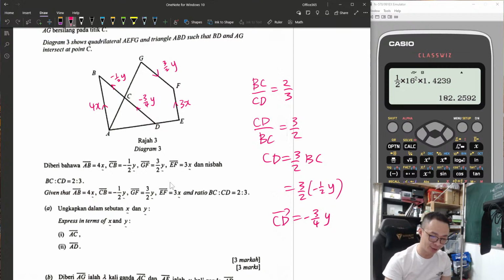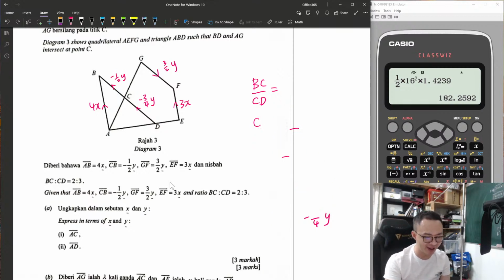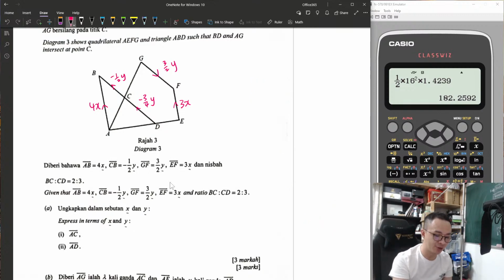Okay, so what does the question want me to find? They want me to find AC. We can use that triangle. AC is basically equal to AB plus BC, so it's 4x, opposite direction, right, plus 1 over 2y.